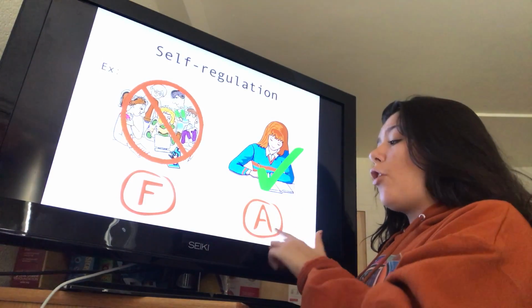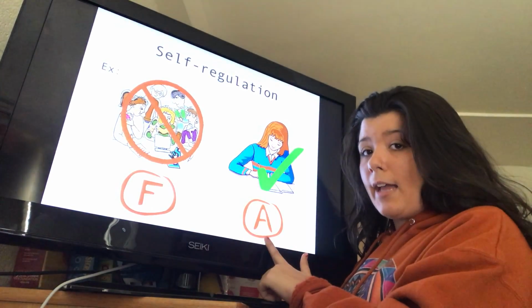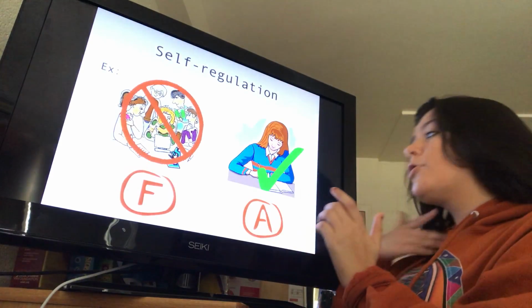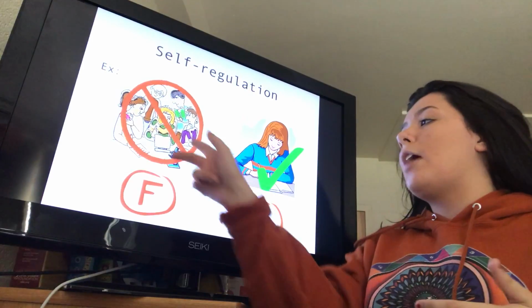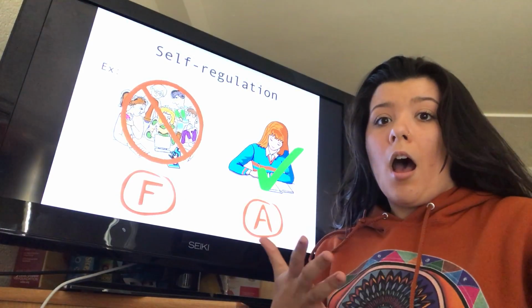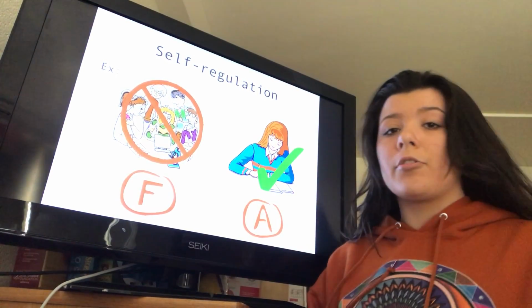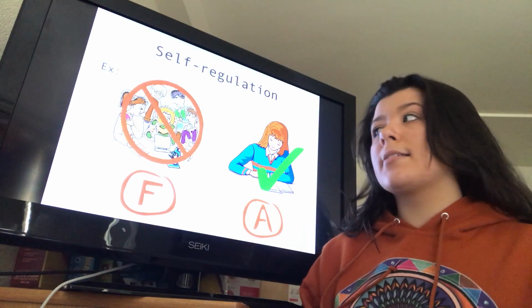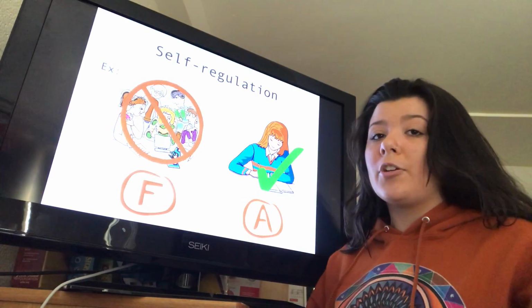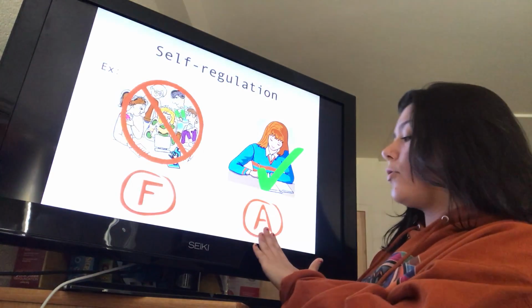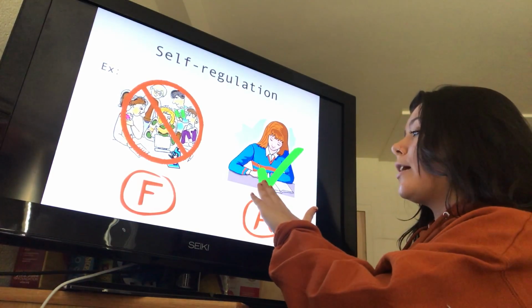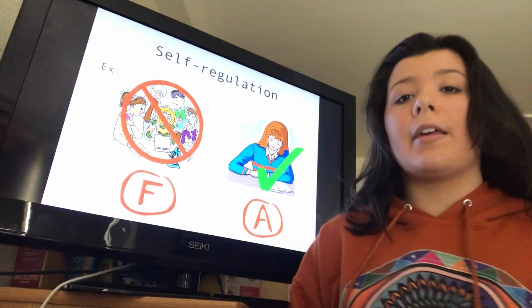She knows that her long-term goal is to receive an A on her next test. So what she does is she studies on her own and not with her friends, even though in an 11th and 12th grade history class context, it's more desirable to study with your friends because you get to socialize a little more. But she self-regulates and she knows that this is her ultimate goal, so she studies independently.